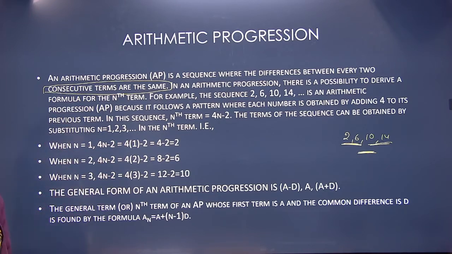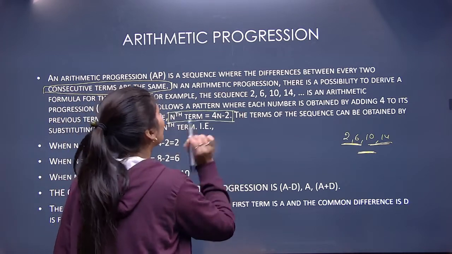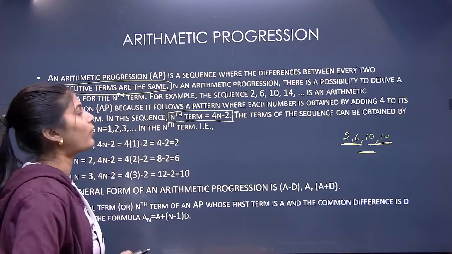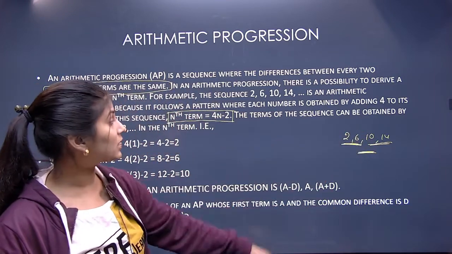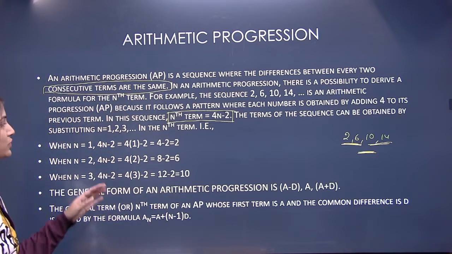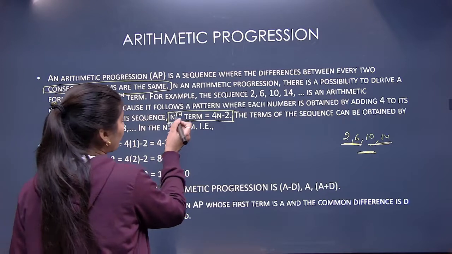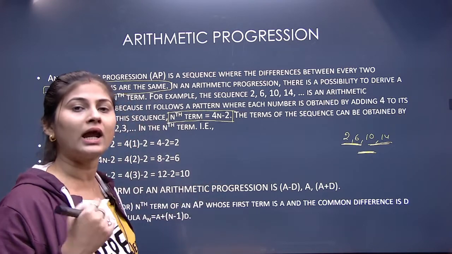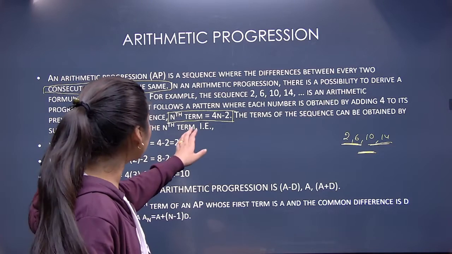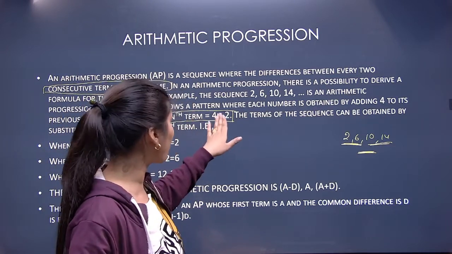In this sequence, the nth term is 4n minus 2. You can find this using the formula if you remember. Right now, let us consider this is the formula for this given sequence. The terms of the sequence can be obtained by substituting n equal to 1, 2, 3 in the nth term. If I put the value of n as 1, it will give 4 into 1 minus 2, that is 4 minus 2, 2.